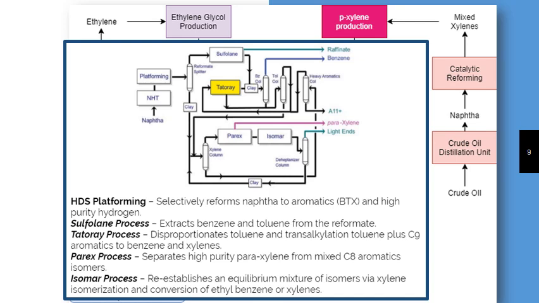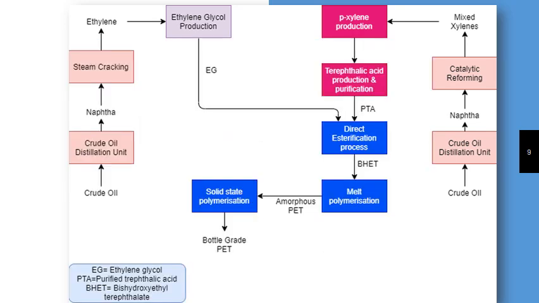In this process flow diagram there are various processes known as sulfolane, Tatoray, Parex, and Isomar, but we will focus on the Parex process, because Parex separates high purity paraxylene from mixed C8 aromatic isomers. Paraxylene will then be used to produce terephthalic acid.